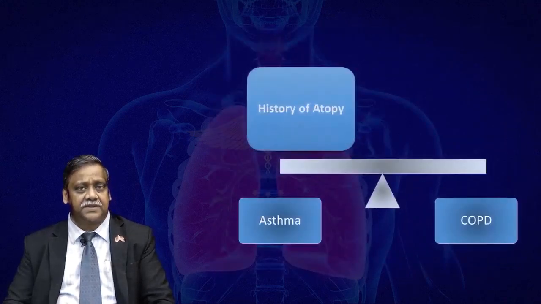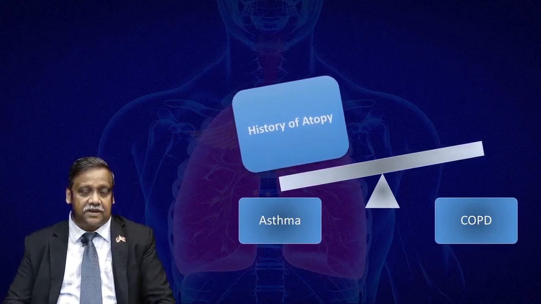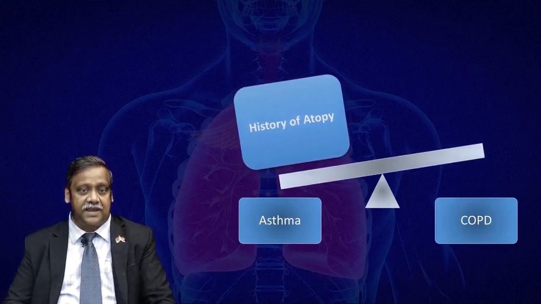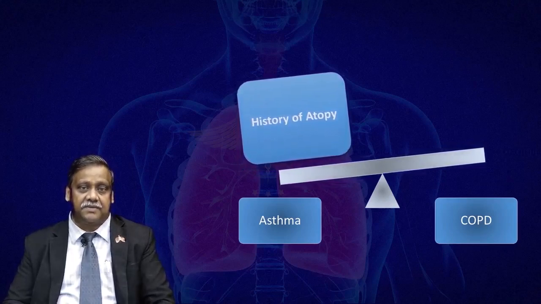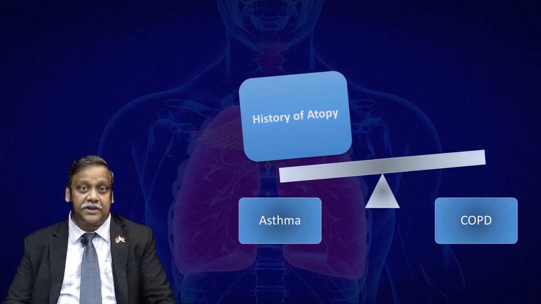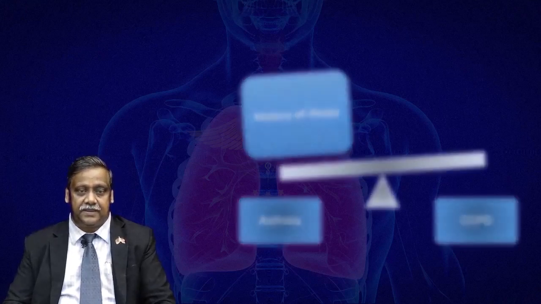If there is a past history of any of these, then you know that this patient is now more likely to have asthma than COPD. A combination of all these ailments called asthma, allergic rhinitis, rhinoconjunctivitis, eczema, migraine are called atopy. So if your patient has a past history of atopy, then the symptoms that he has come to you today is likely to be due to underlying asthma rather than COPD.